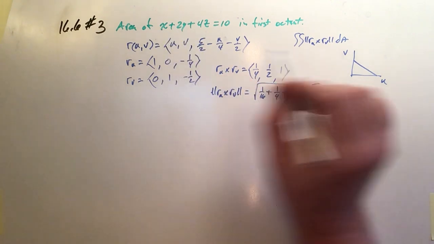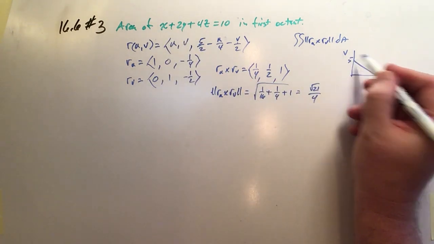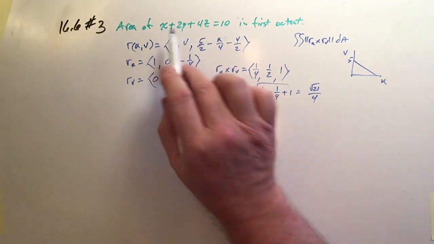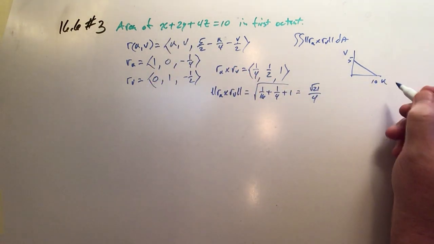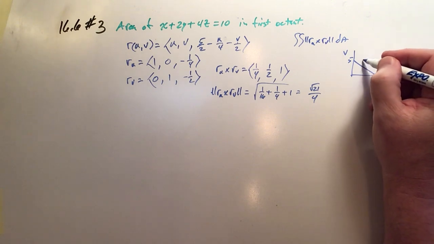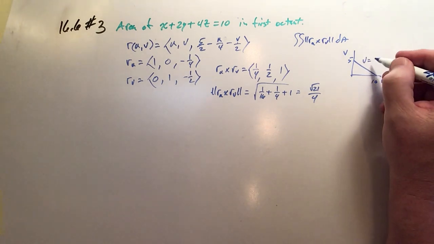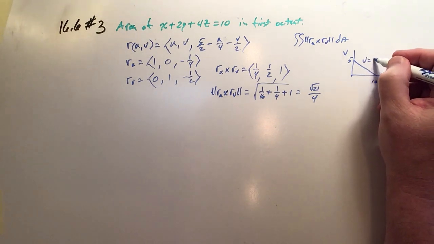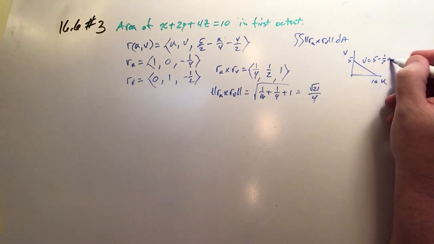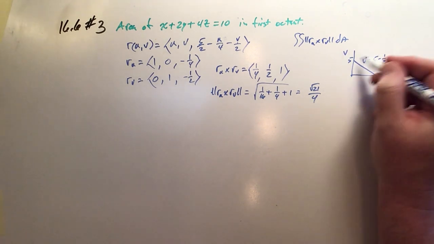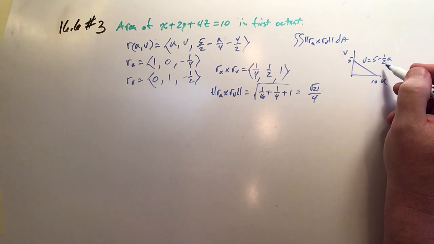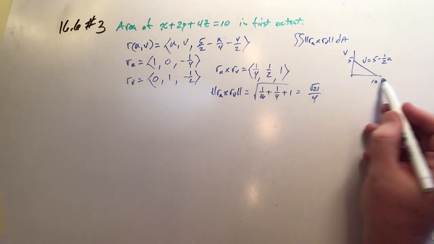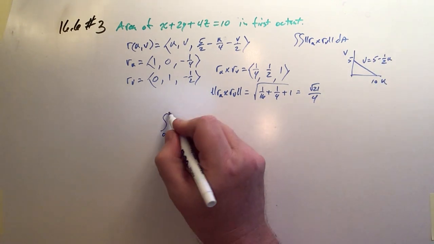And if x is 0, y is 5. And if y is 0, x is 10. So that gives me the equation for this side. V is going to be equal to 5 minus 1/2 u. So this becomes our upper bound in v. We'll integrate u between 0 and 10.